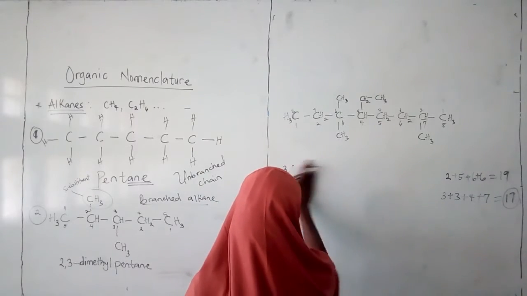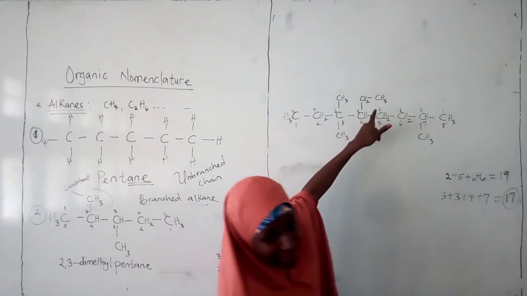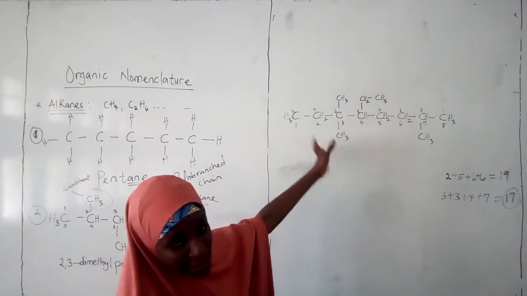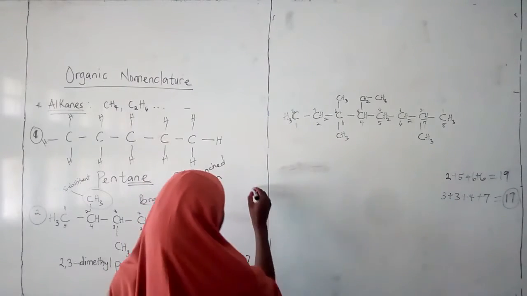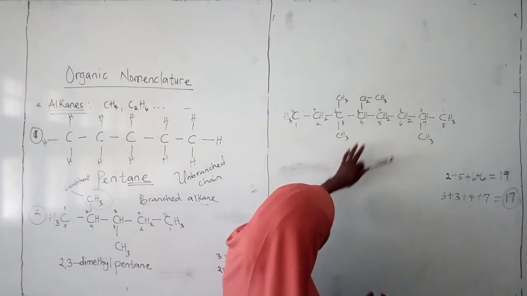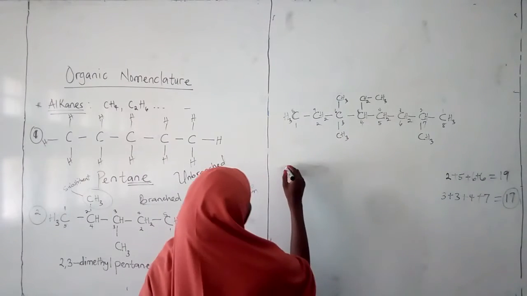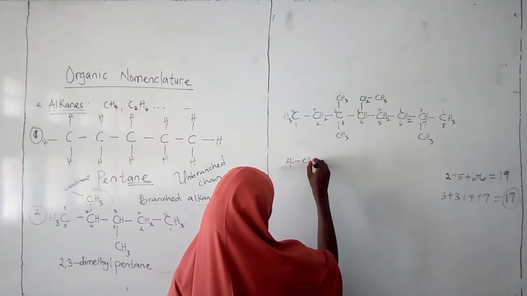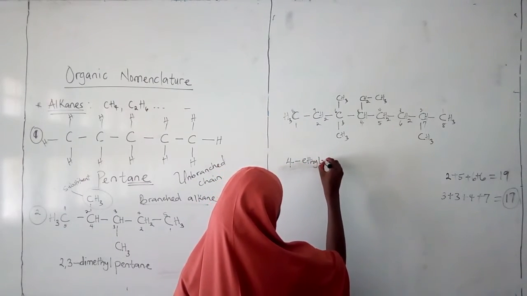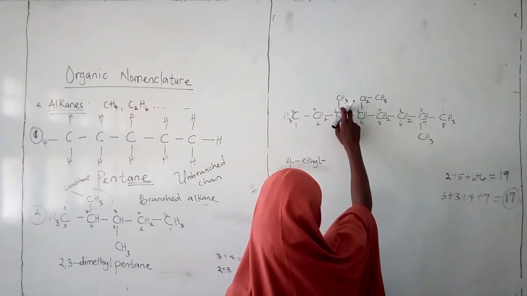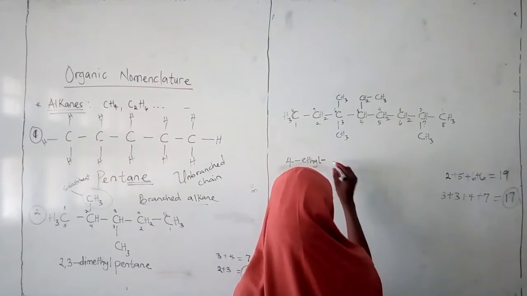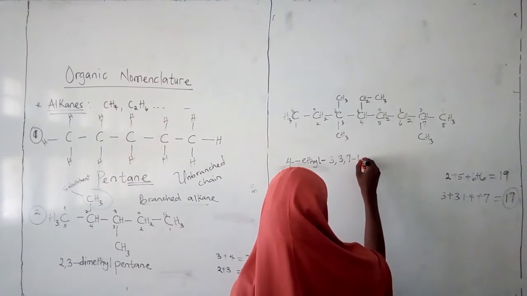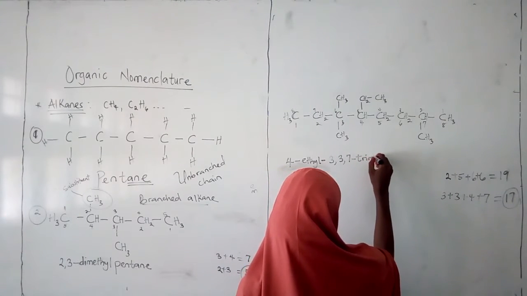Since we have an ethyl group here, we are going to start with the ethyl because while naming, we name them alphabetically, and E comes before M. So now we have ethyl in position 4, then another dash, 3, 3, 7 trimethyl.